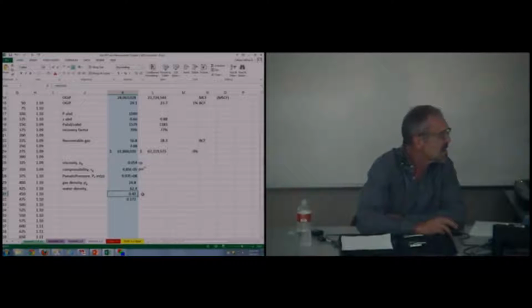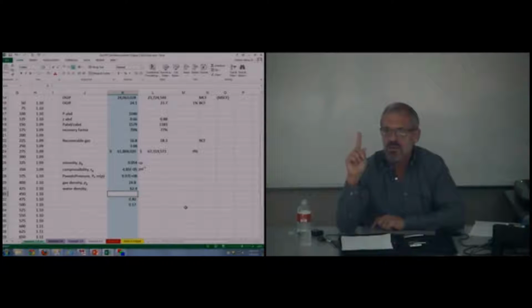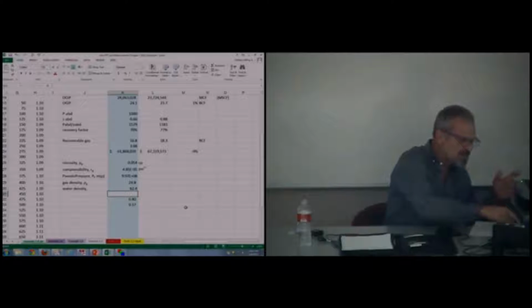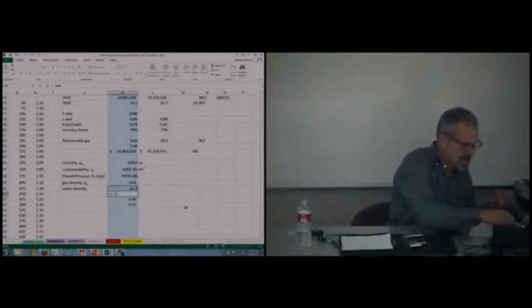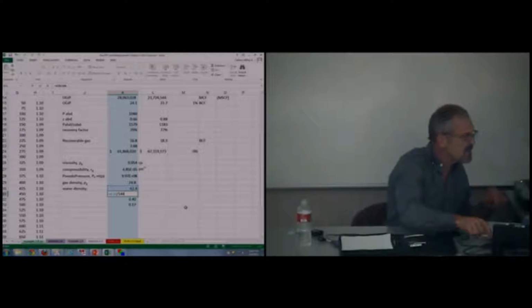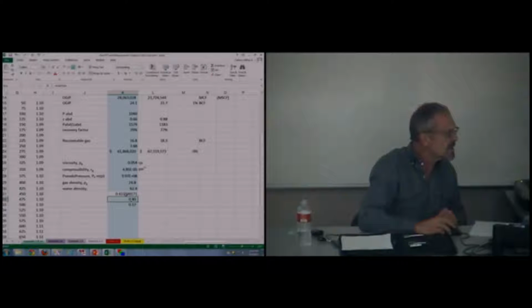And then, I'm going to do this a little bit differently. And then, if you ever want to know what the gradient of fresh water is, you just divide that by 12 squared. And this will give you the 0.4331 that we're used to seeing.